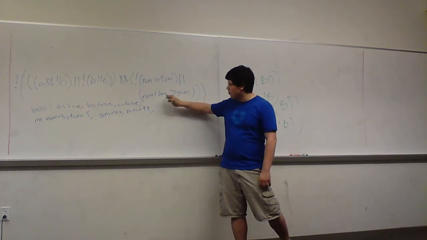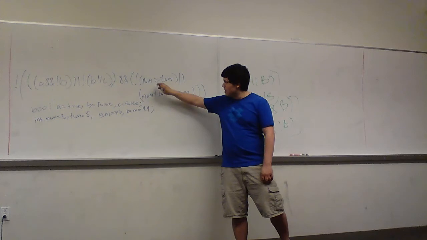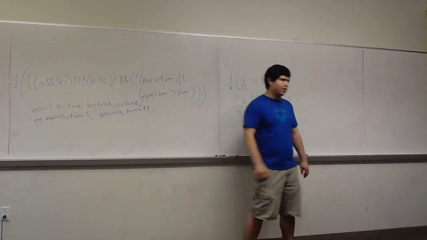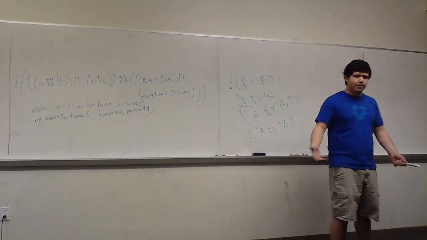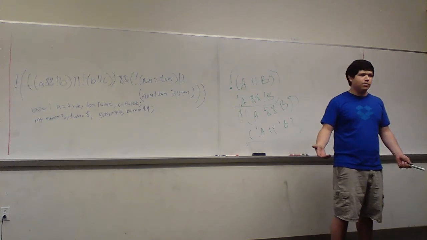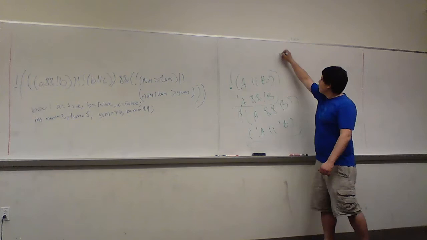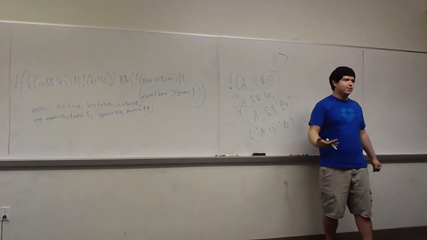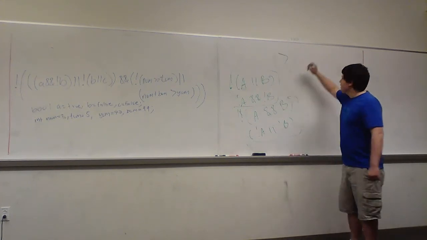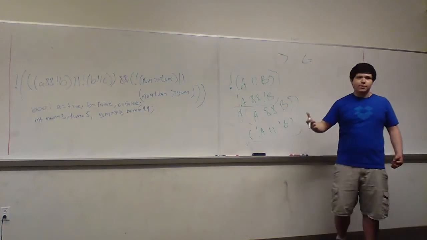And so, one question: what's the logical opposite of greater than, greater than or equal to, less than? If I have greater than, what is the logical opposite of this? Less than or equal to. Not less than, it's less than or equal to.